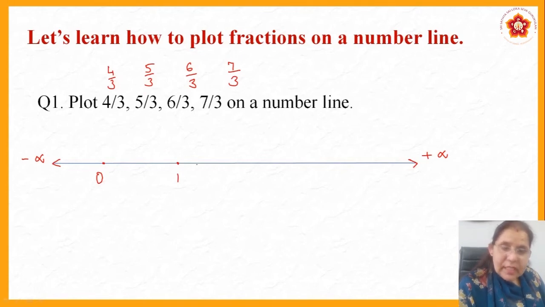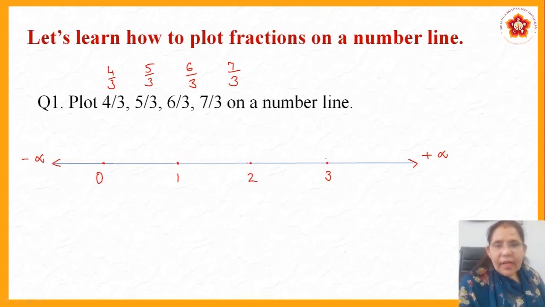So whatever distance you have taken, same should be the distance between the next point and the previous one. Use scale and pencil. Just see this. So we have marked a few points starting from 0 on the number line.